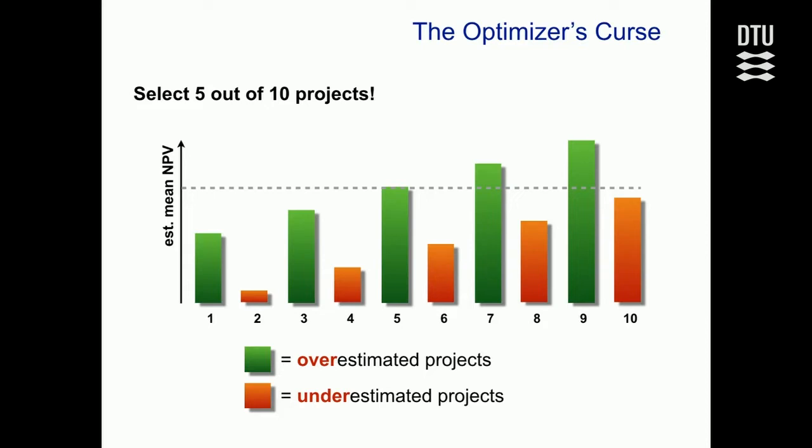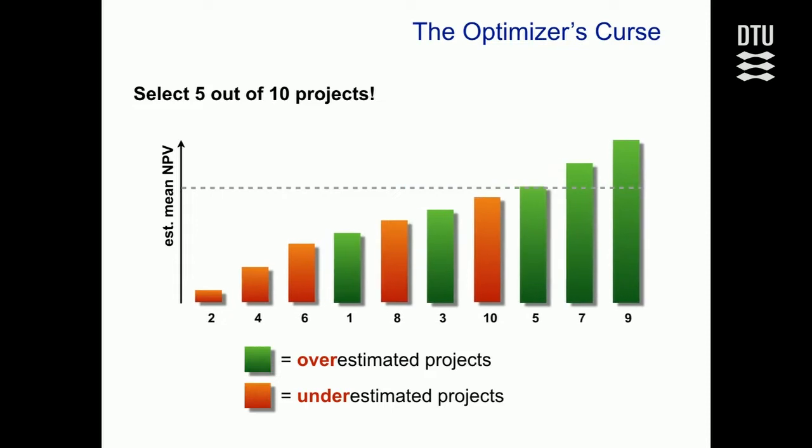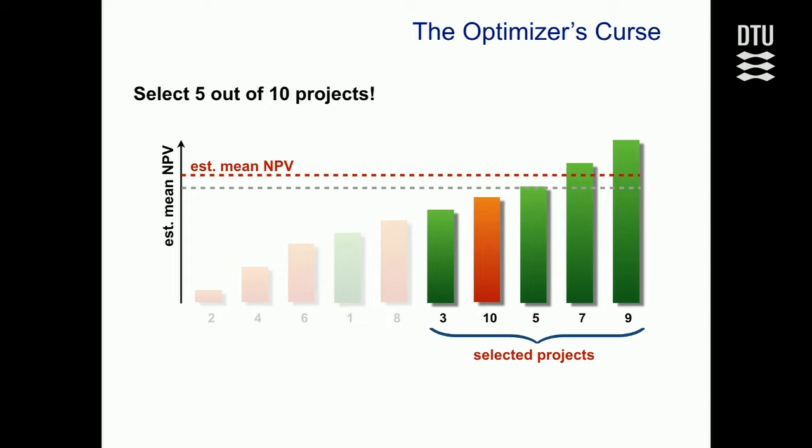Now, a decision maker who doesn't see the true expected net present values, but only sees these estimates, such a decision maker will rank the projects in a different way. This decision maker will rank the projects like that. And then this decision maker will pick the 5 projects that have the highest estimated expected net present value. So we'll pick those.